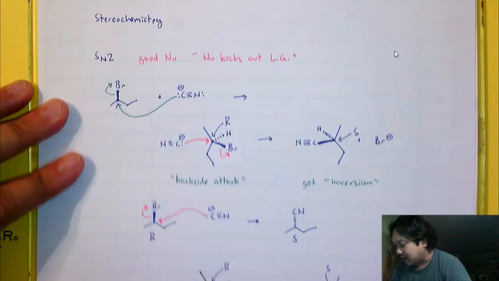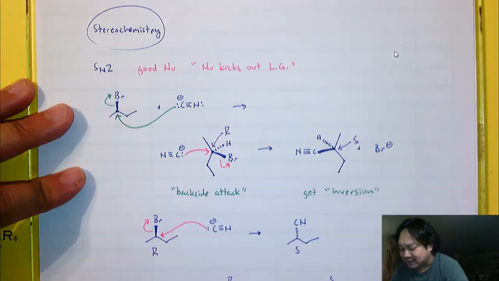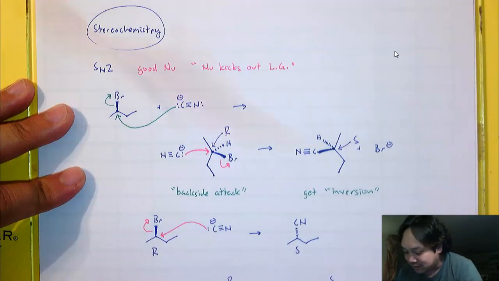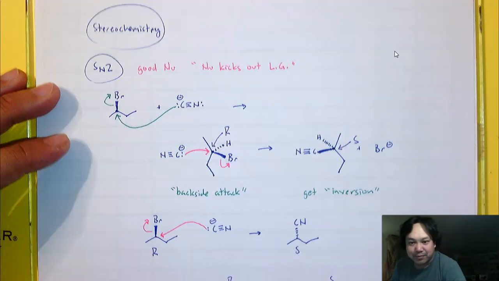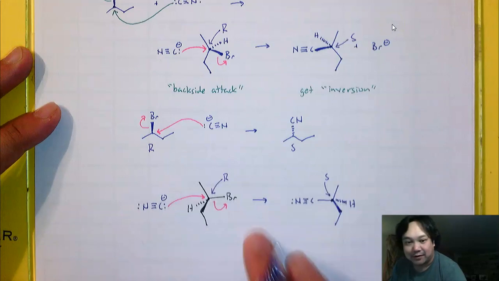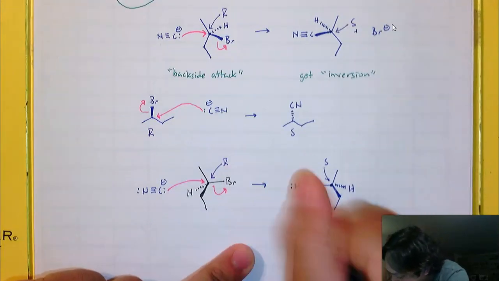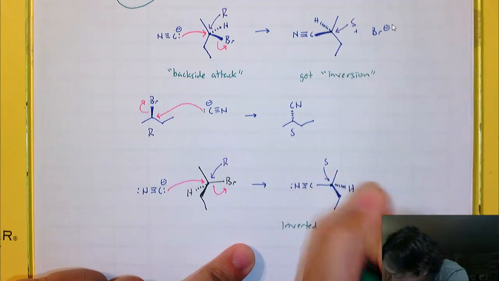Okay, so again, we are concentrating on stereochemistry. We just did SN2. And the better picture to show the inverted umbrella is this one right here. So we're going to think of this as an inverted umbrella.